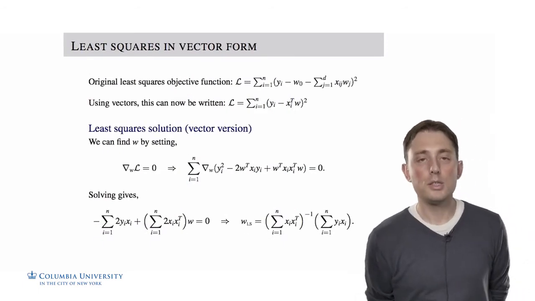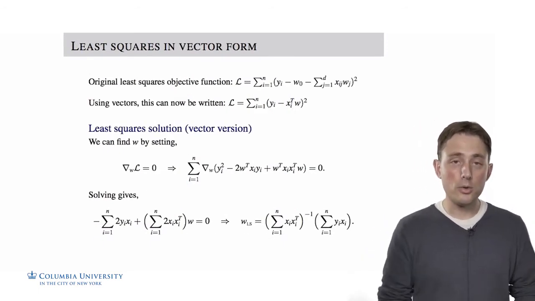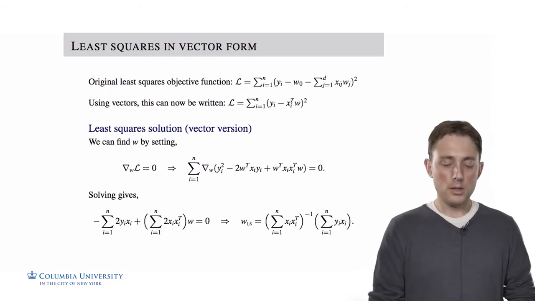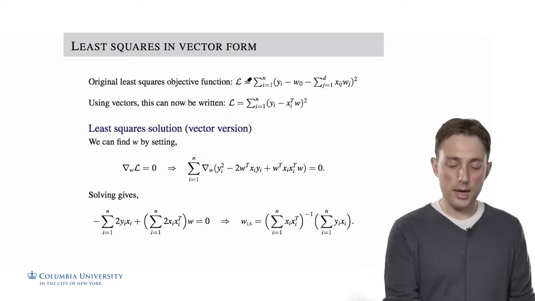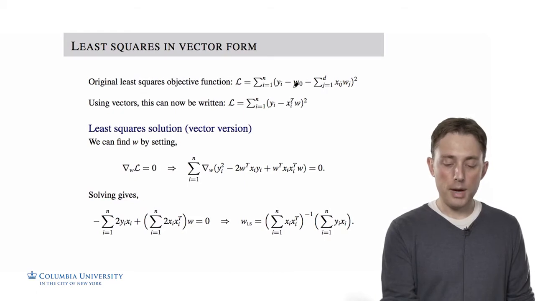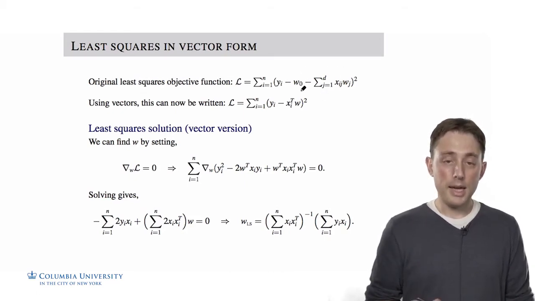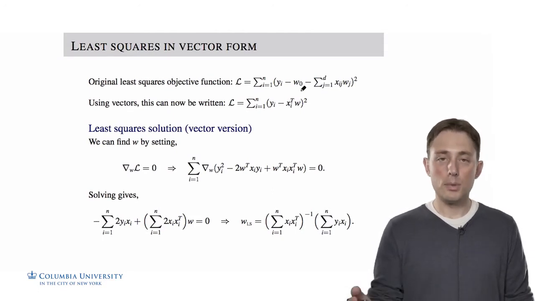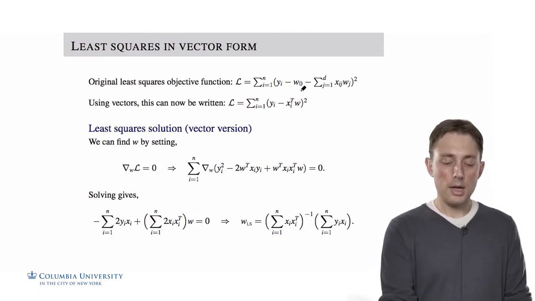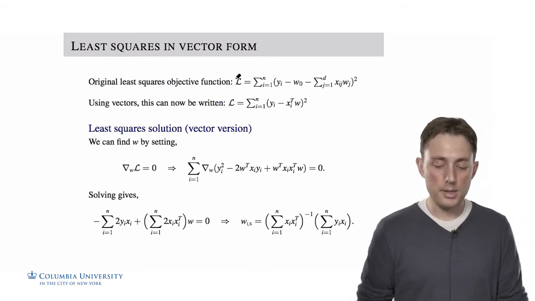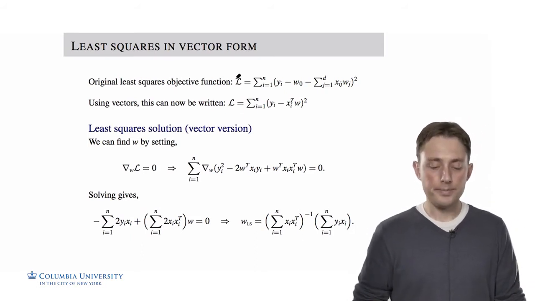OK, so let's look at the least squares objective function in vector form using our vector notation. So this is the original objective function that we have. We have the output minus our approximation using linear regression. That's the error. We square that, sum up those squared errors, and that's the objective that we're trying to minimize in w0 through wj.